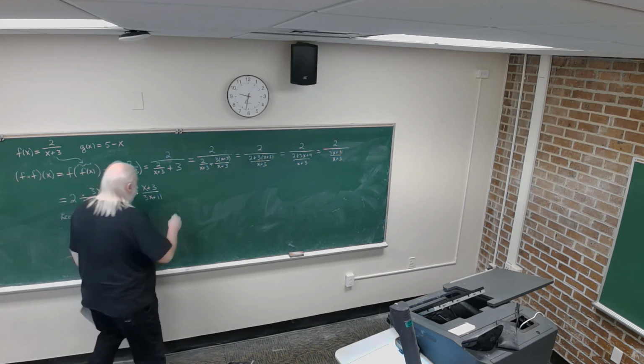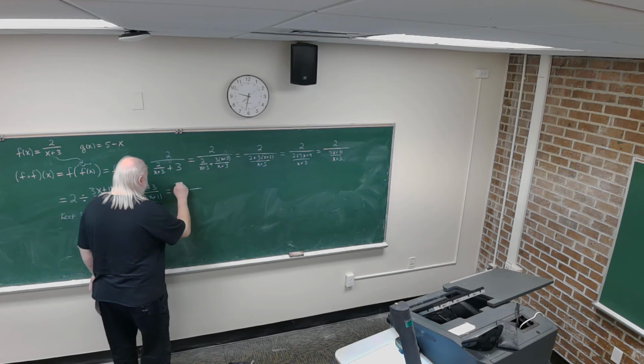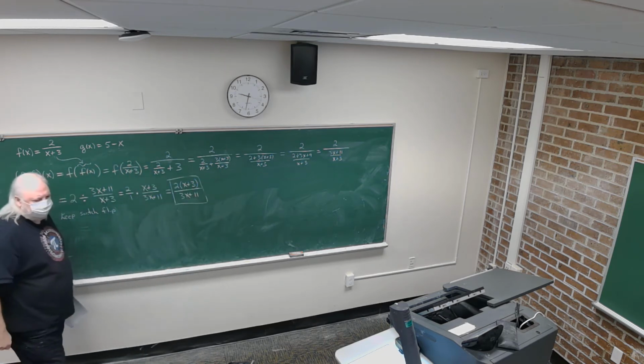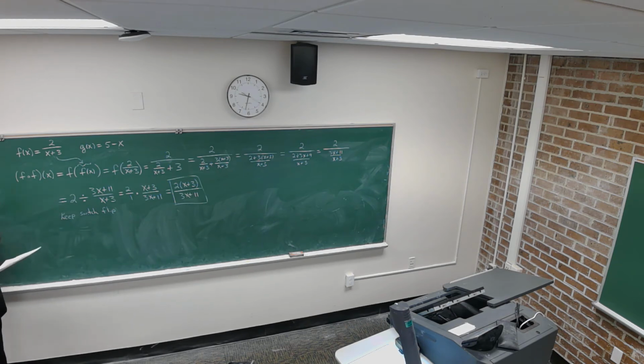So this is equal to 2 times x plus 3 over 3x plus 11. And you don't have to distribute it. Okay. Any questions on that? Yes? If you distributed the 2, would it be wrong? No. It's just not necessary.